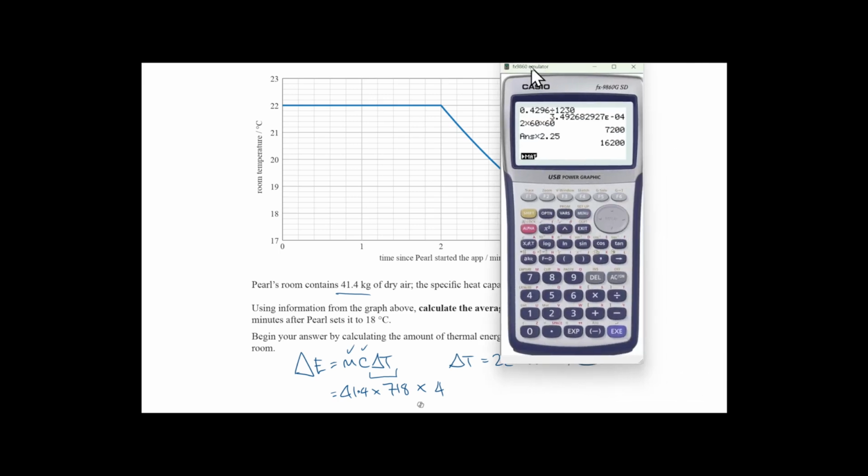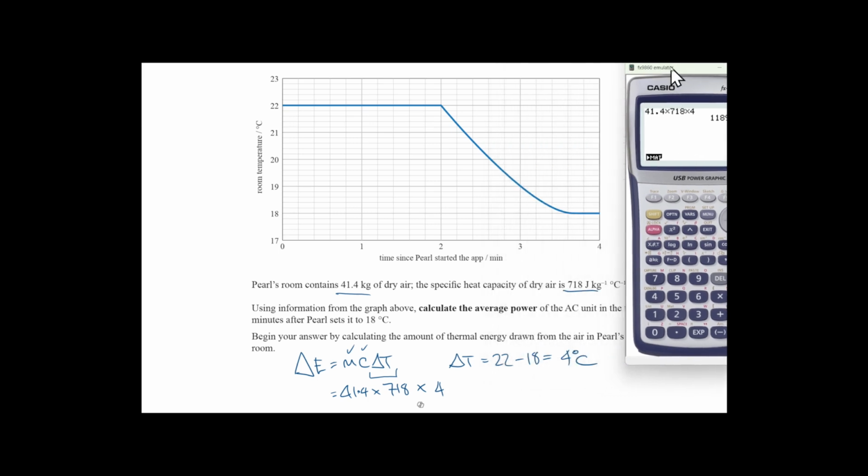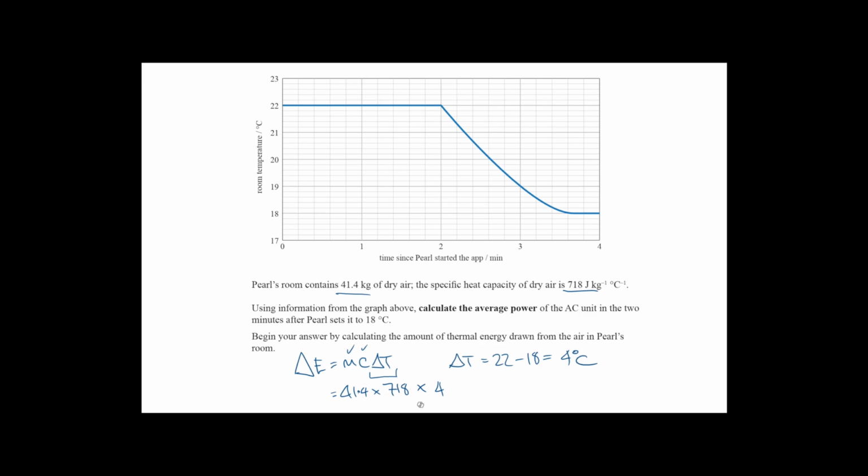So we grab our trusty calculator, clear it, 41.4 kilograms of air times 718 joules for every kilogram times 4 degrees, and we use a lot of energy. So we use all of the energy, and that's 118,900.8, and that's going to be joules. That's a lot.